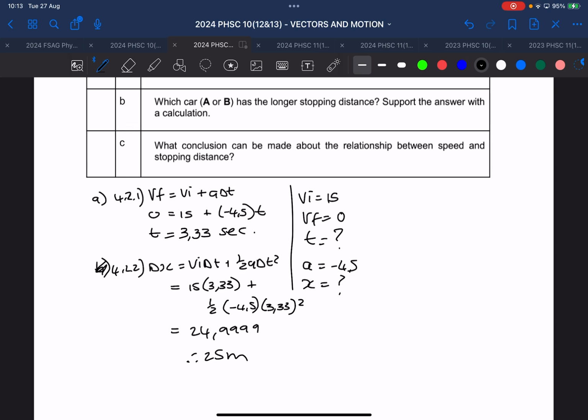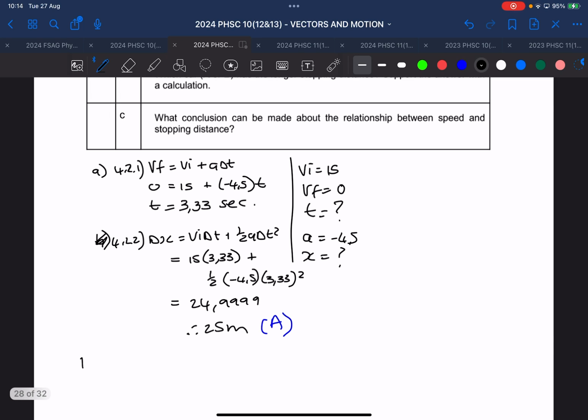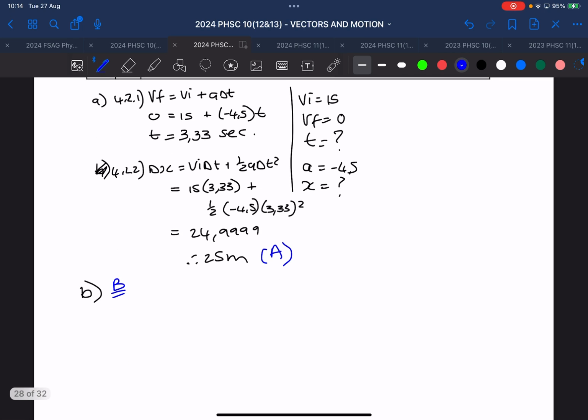Okay. Then question B, they ask, which car, A or B, has the longest stopping distance? Support your answer with calculations. So now we know for car A, it needs 25 meters to stop. Let's see car B. How far does it need to stop? What information do I have regarding B?